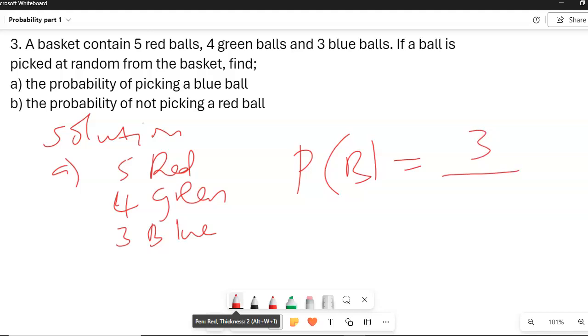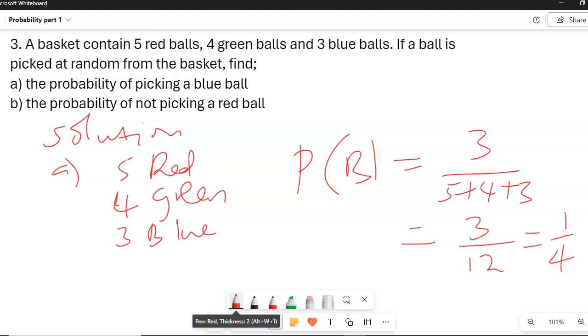So we have 5 plus 4 plus 3, and that is going to give us 3 out of 12, and you can simplify the final answer to be a quarter. So that is the probability of picking a blue ball.